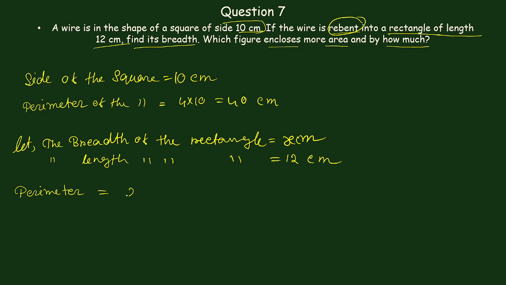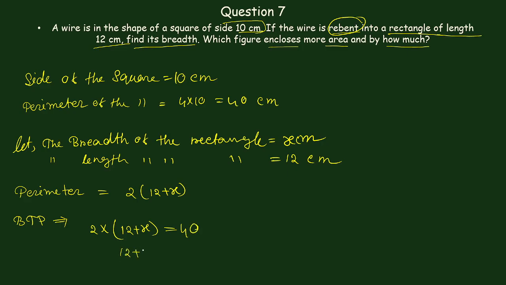Perimeter will be 2 into (length plus breadth), that is 12 plus x. So by the problem, 2 into (12 plus x) is going to be 40.